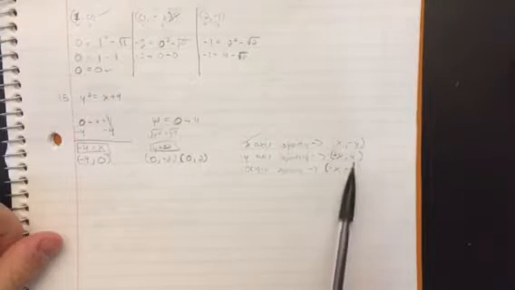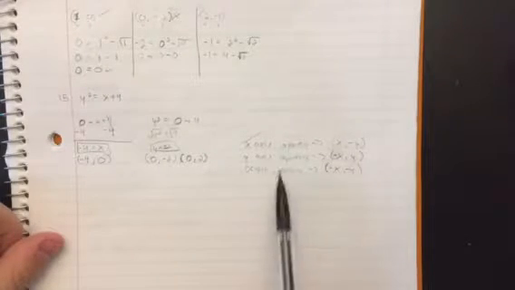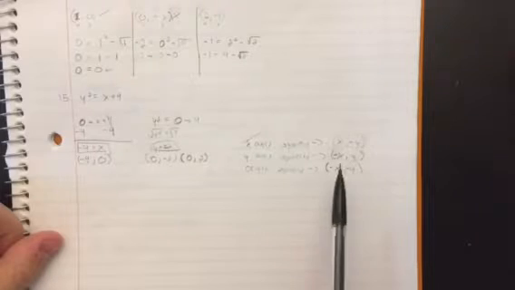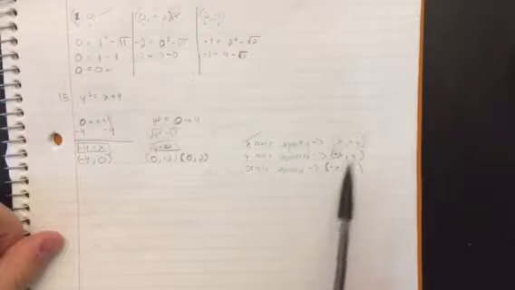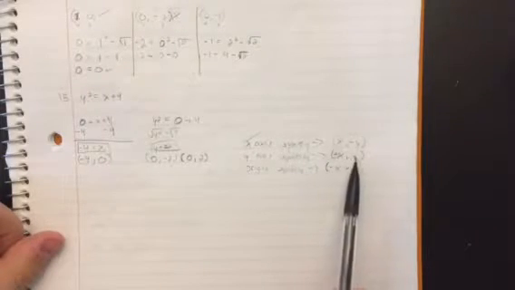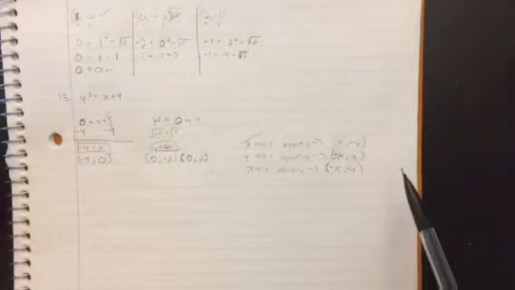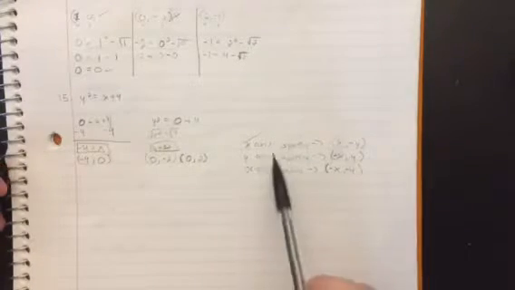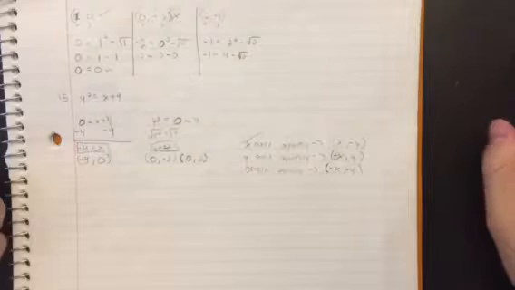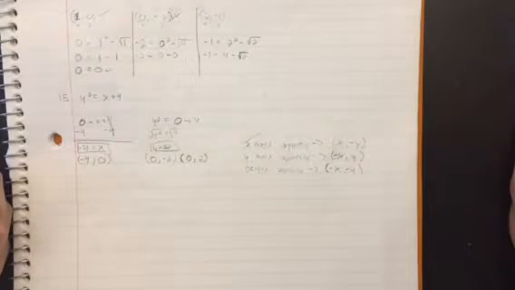Y-axis symmetry, I do not believe though. And origin as well, they just would not work because you will not have points where there's a negative x, y and a positive x, y that are the same points. And the same goes for origins. So for that reason, the x-axis symmetry would be the one to go with, and not the y-axis symmetry or the origin symmetry.